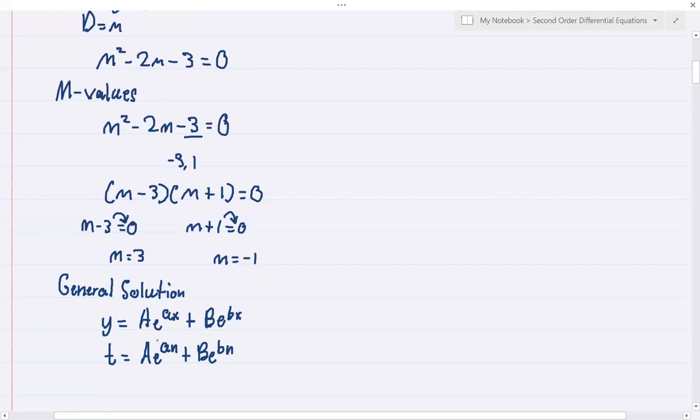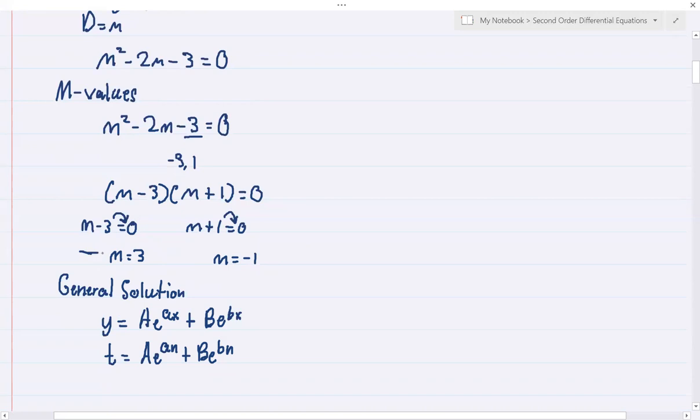Okay. Now, let's find our small a and small b. Basically, your lowercase letters. So to find your small a and your small b, just basically pick which one of your m values would be small a or your small b. Just pick which one of them.